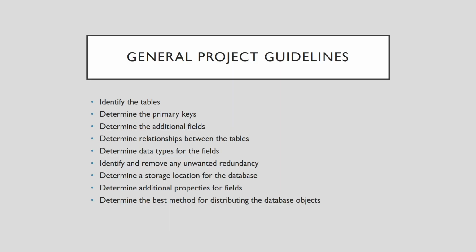Now, we have here the general guidelines for creating a database project. First, we have to identify the tables. In a table, we have to determine the primary keys, determine the additional fields, the relationship between the tables, and the data types for each field.